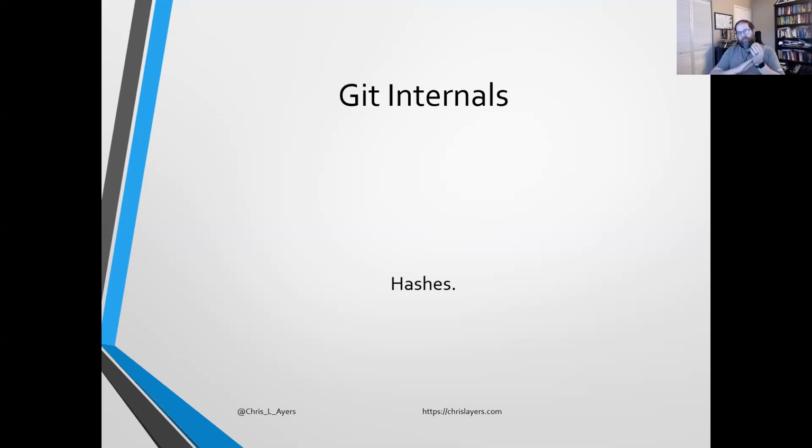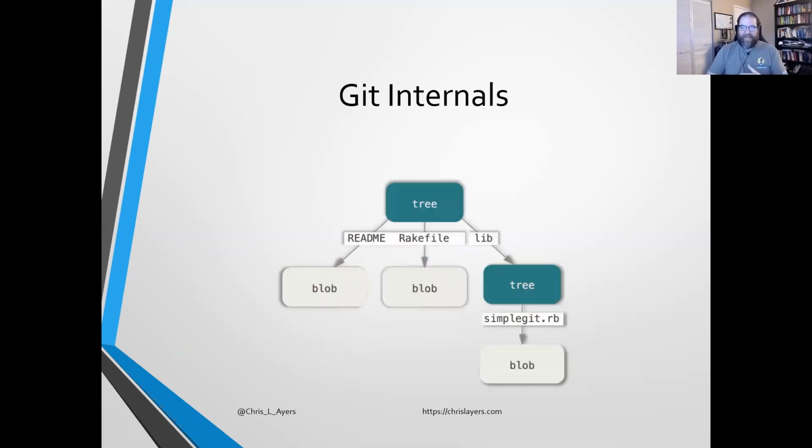So first off, the internals of Git. It's all hashes. Everything's a hash. Seriously, lots and lots and lots of hashes. I will show you those. But conceptually, there's a couple of types of objects inside of Git. Most likely things are either trees or blobs.